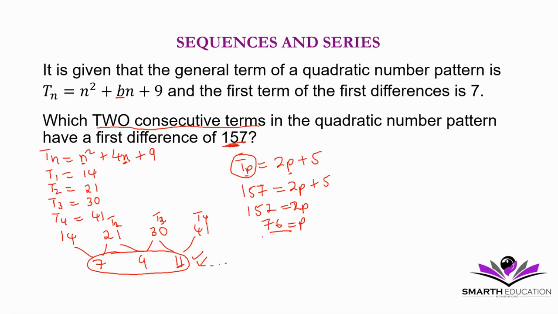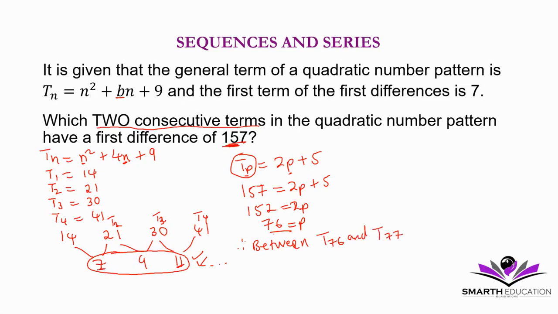So it's going to be between what? It's going to be between 76 and 77. So therefore, 157 is between T76 and T77.